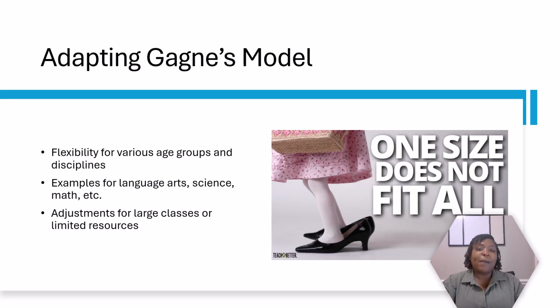As you brainstorm how to apply Gagne's 9 events to your lesson planning, I want you to know that this is not a one size fit all framework, but it's flexible enough to adapt to various subjects and grade levels.